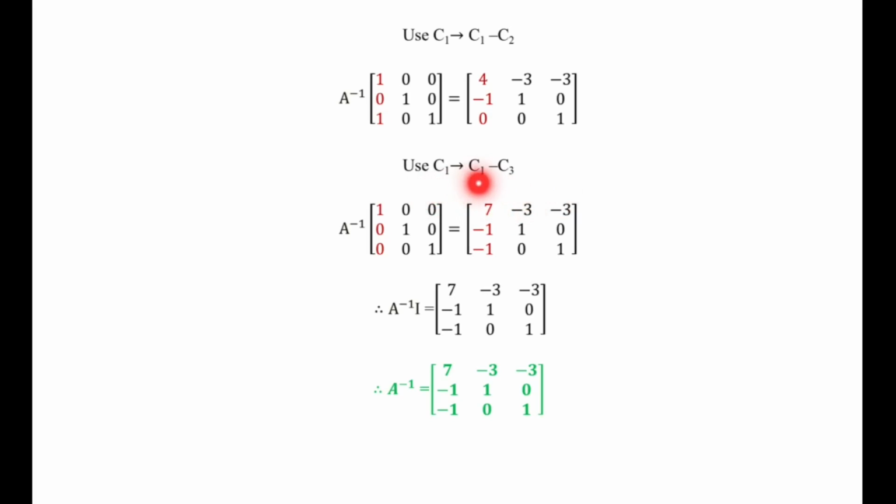Using this elementary transformation you will get the matrix with A inverse post multiplied as the identity matrix and the right hand matrix. When we multiply the identity matrix with any matrix we get that matrix. So A inverse, if you calculate, must be equal to this value.